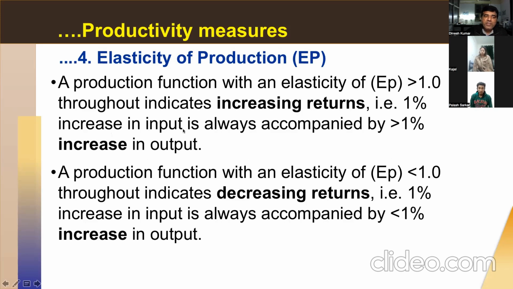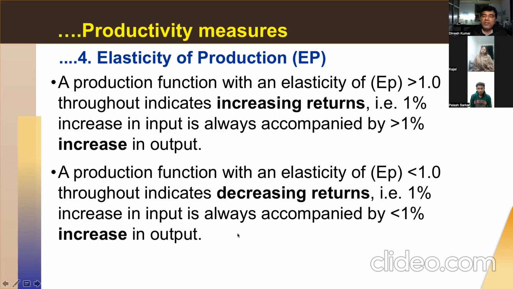That means a 1% increase in input is always accompanied by more than a 1% increase in output. Because it is a physical relationship, in this case also it is possible to know how much percentage change there is in Y due to percentage change in X. A production function with an EP of less than 1 throughout indicates decreasing return. That is, a 1% increase in input is always accompanied by less than a 1% increase in output.